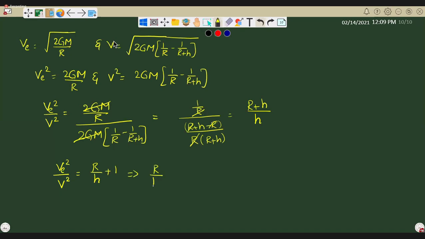From this, R by H is equal to VE square divided by V square minus 1, right? So H is equal to R divided by (VE square divided by V square minus 1). Clear?